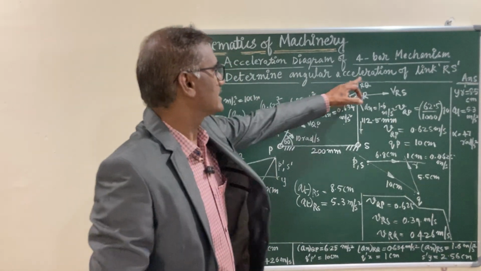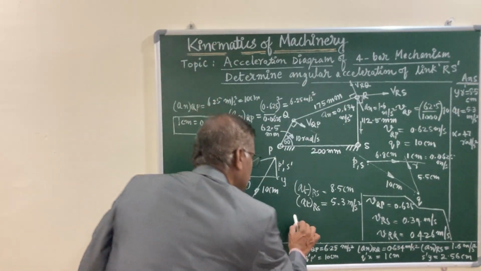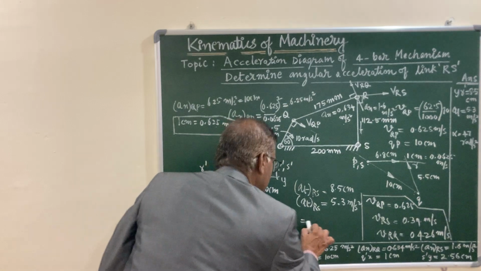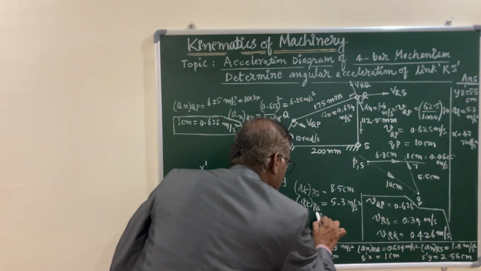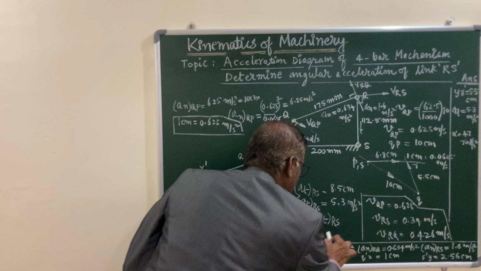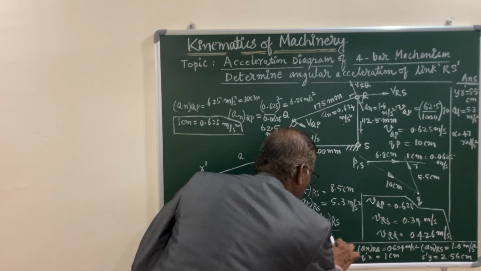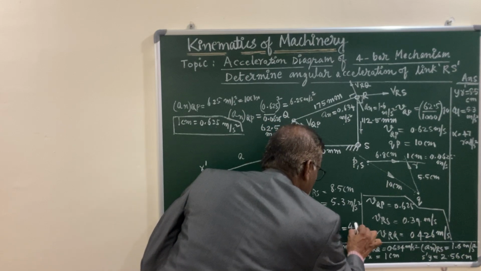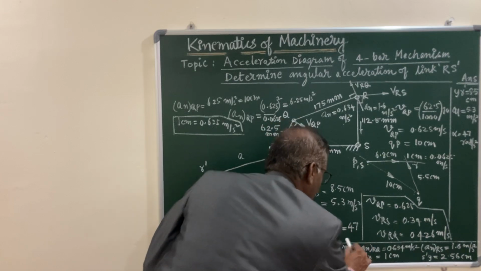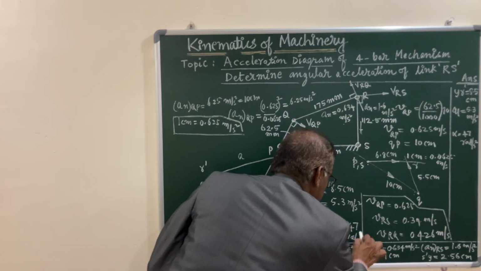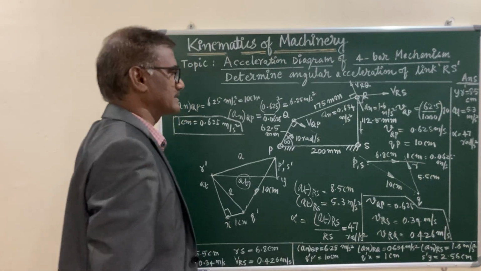The question asks for angular acceleration. So angular acceleration alpha is equal to the tangential component of the output link divided by the length of the link RS in meters. This gives you 47 radians per second square. This is your required answer.